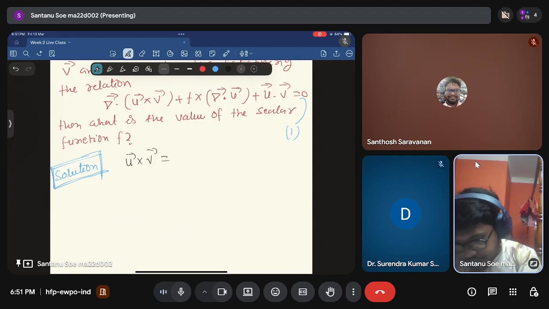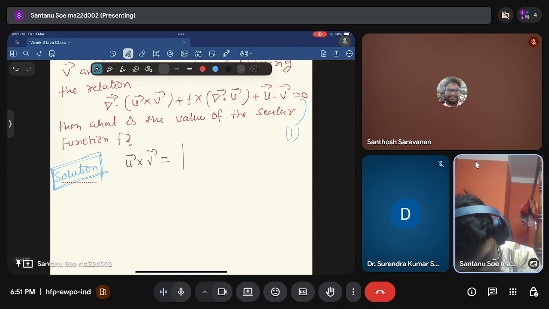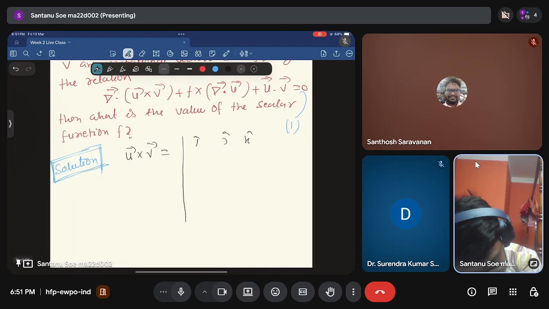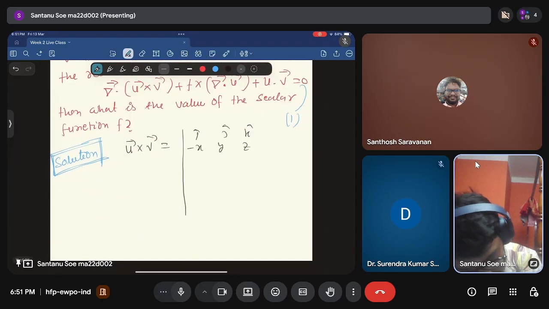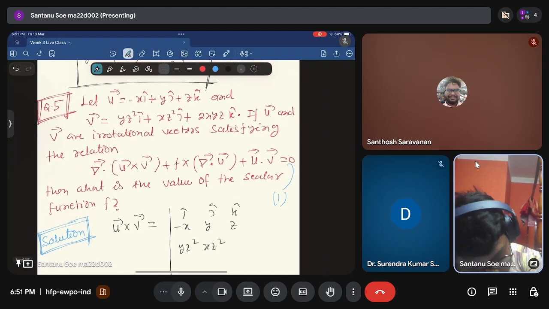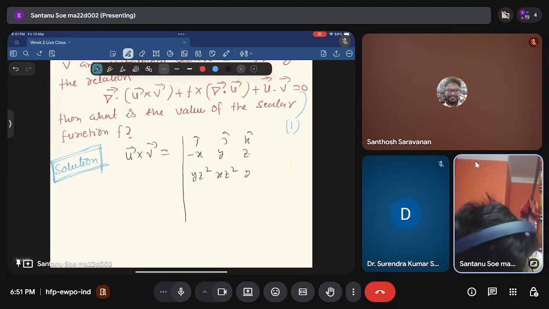Okay. So this is gonna be just the determinant with i j k, u given by minus x, y, z, and v given by yz square, xz square, and 2xyz. Correct? So we have to calculate the determinant.